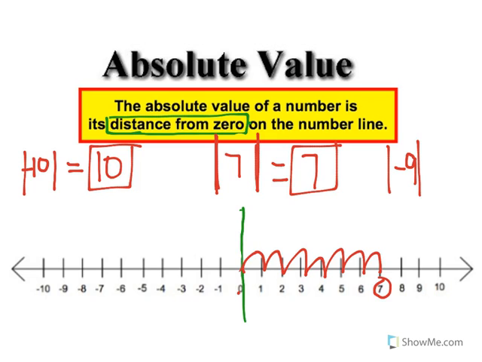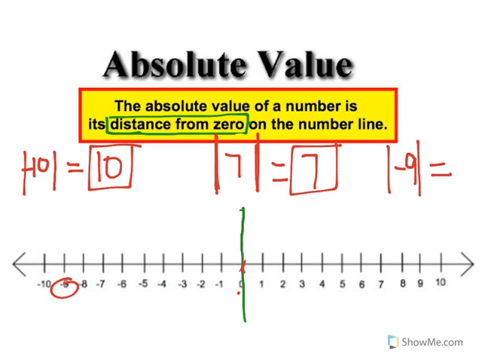All right, now that we did this one, I want to know what's the absolute value of negative 9. Well, here's negative 9. How far is it from 0? 1, 2, 3, 4, 5, 6, 7, 8, 9. It is 9 units away. Super easy.